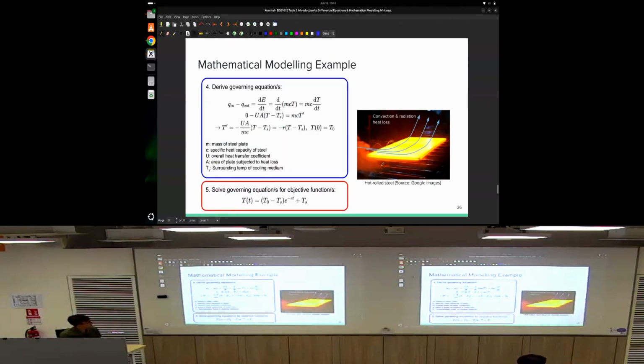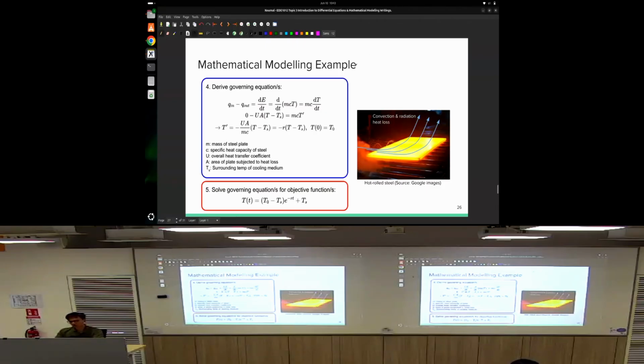So here's the conservation of energy. Conservation of energy, very simple. Conservation of heat energy. Heat energy in minus the heat energy out will be equivalent to the rate of change of heat energy within that material. Okay, so this is in watts. Q in and Q out are in watts.